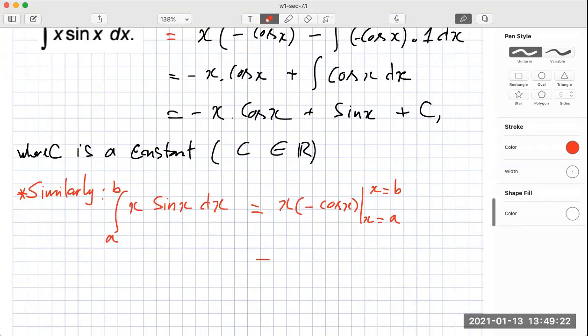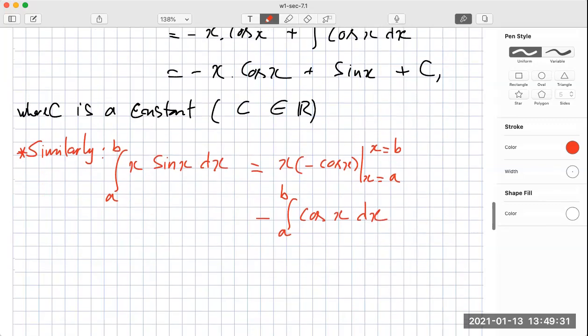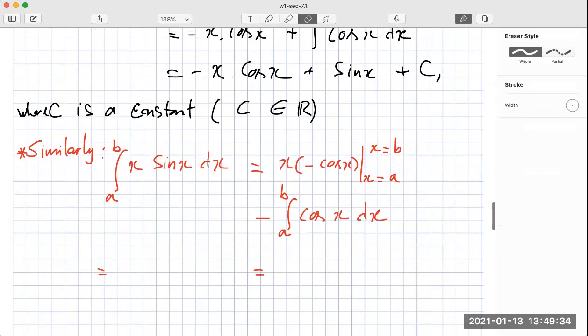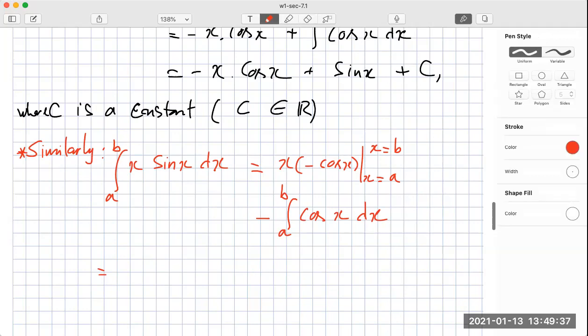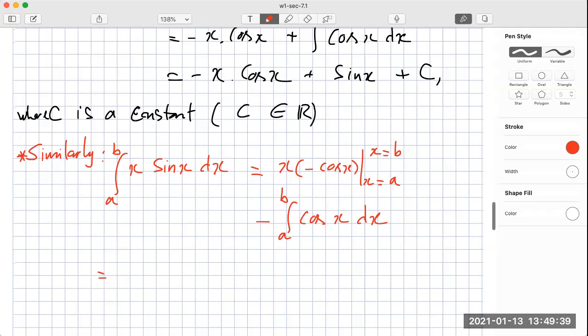Subtract the second one, integral from A to B of cosine x dx, or in the end, it becomes, what is it? Very good. Cosine x from x is equal to A to x is equal to B plus this guy from x is equal to A to x is equal to B, right? That's it.